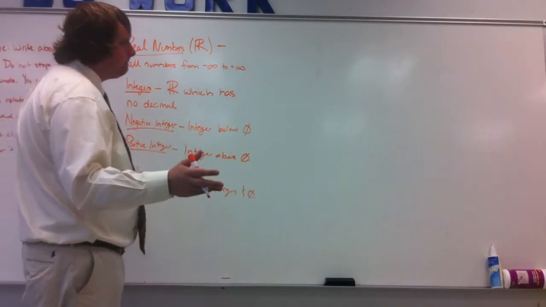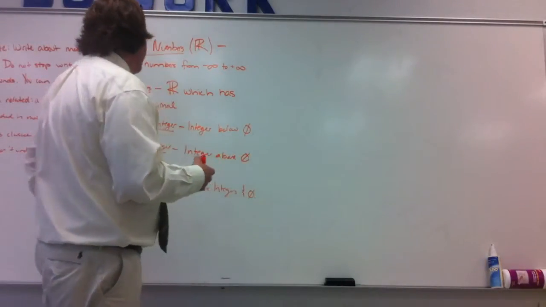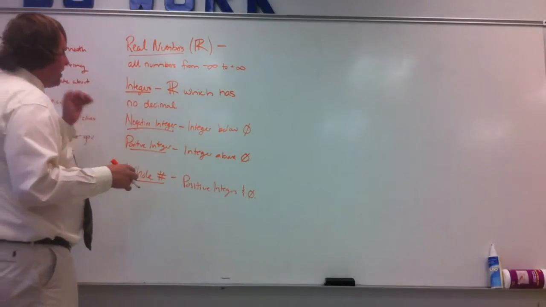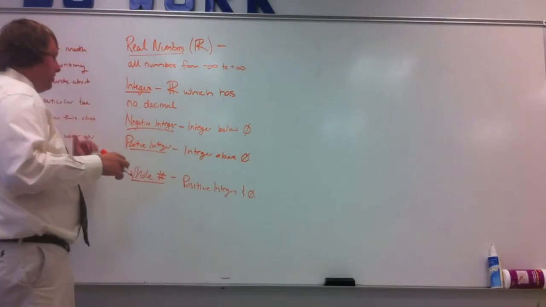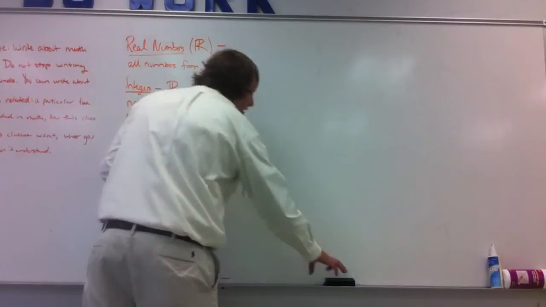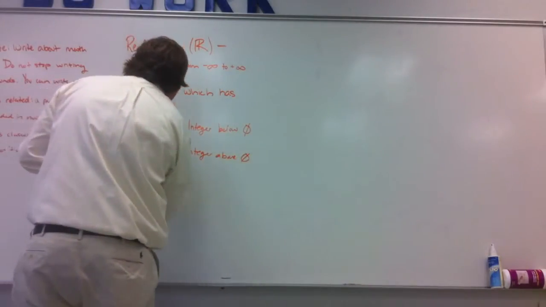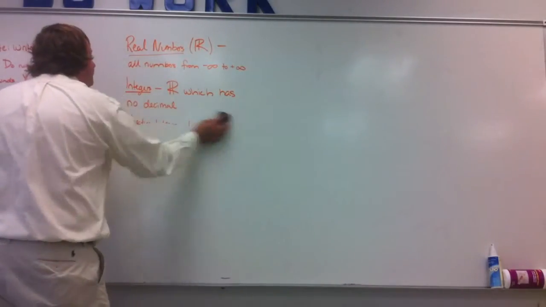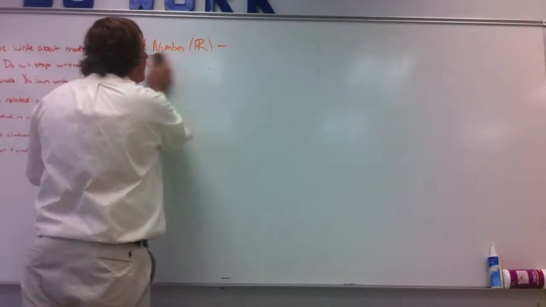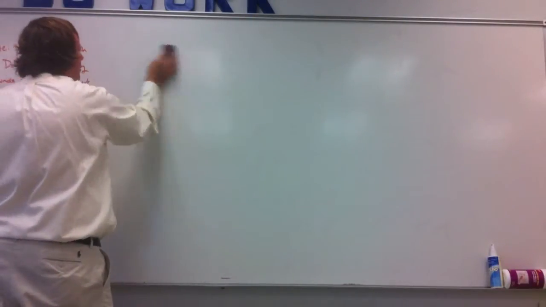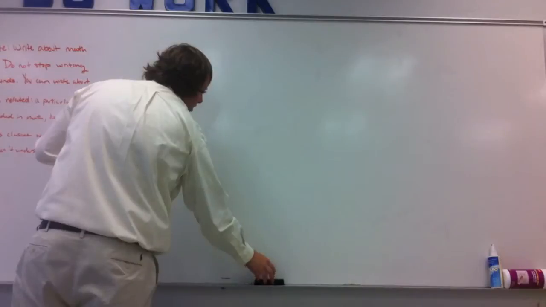So, if we were trying to map this out, real numbers, integers, negative integers, positive integers, and whole numbers, okay, and where these things fit, we could use circles to show us how these things work.